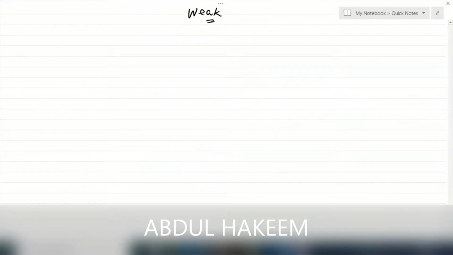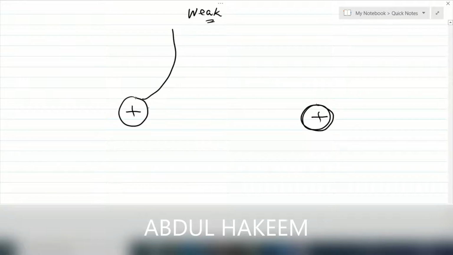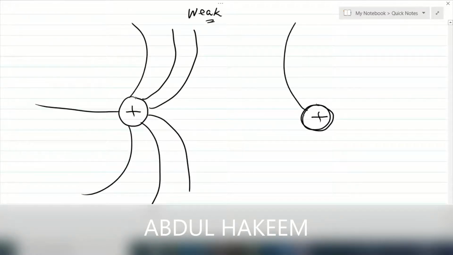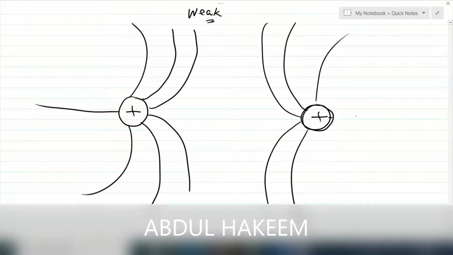Now move to the second one. Suppose two charges are similar, both are positive. Positive and positive repel each other. So the field will be repulsive. These charges will repel each other. So this is the pattern of the repulsive electric field.